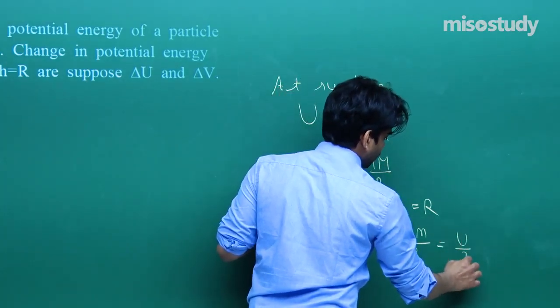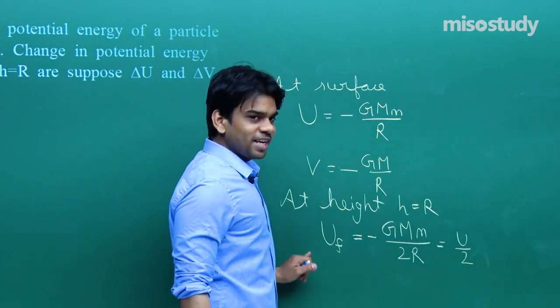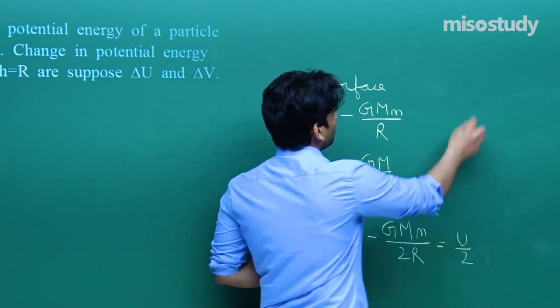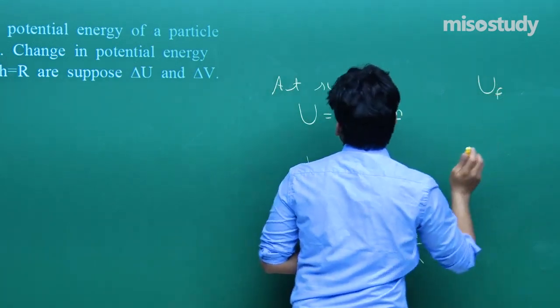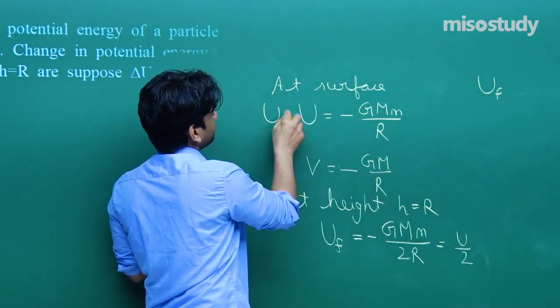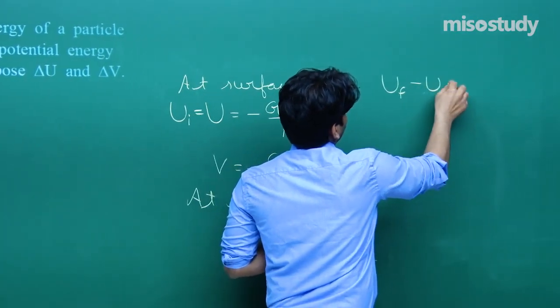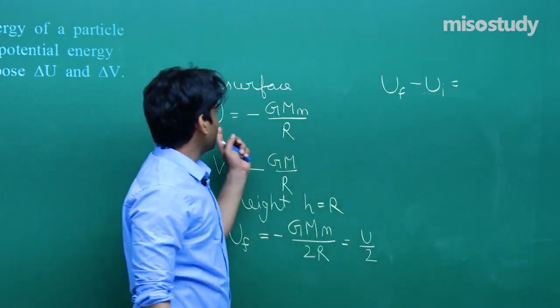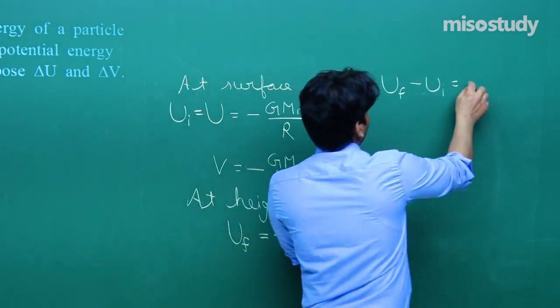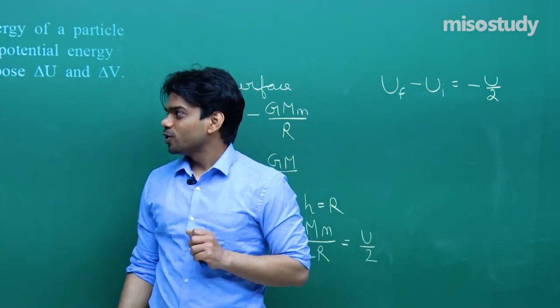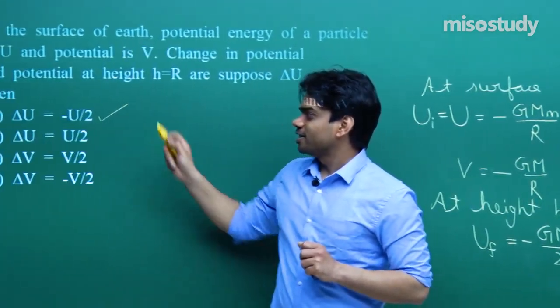If you find the change, U final minus U initial, that is given as U, U by 2 minus U will come out to be minus U by 2. So the change in potential energy is minus U by 2, option number A matches, delta U equals minus U by 2.